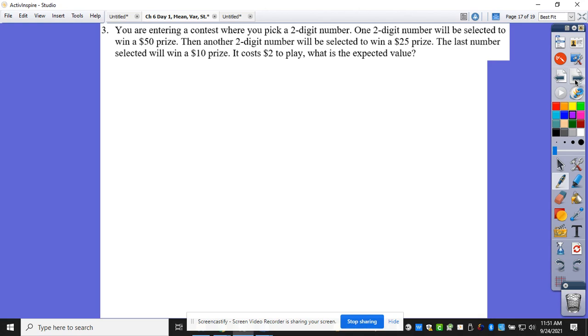And I told you I do a lot of things where I write net gain and I write winnings and I write a label category. Y'all are going to do kind of a mix of those. It's going to be a preference thing. But the thought process is still there for all the things that I write down, whether you write them all down or not. And sometimes the more complicated a problem gets, the more labels I choose to do.